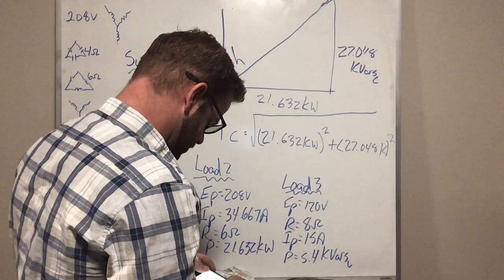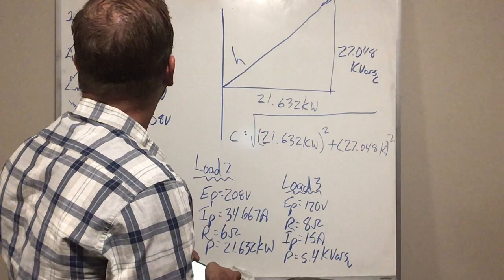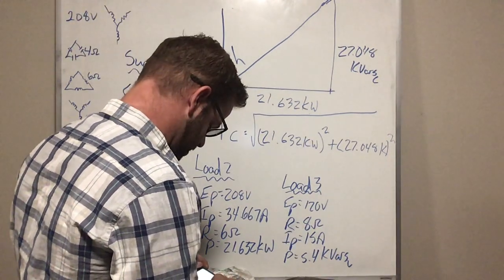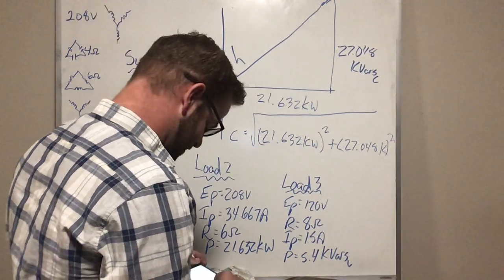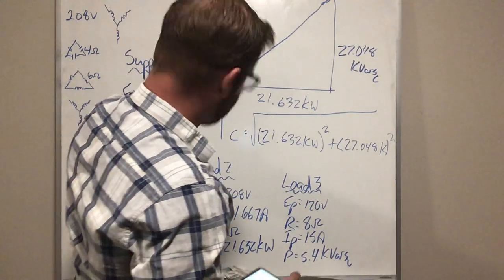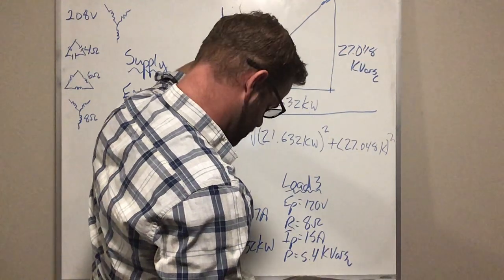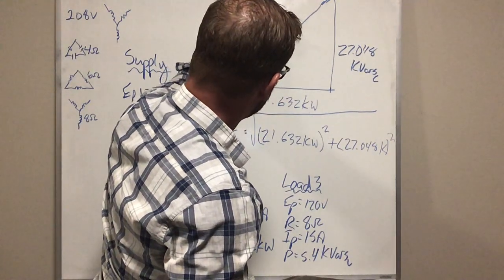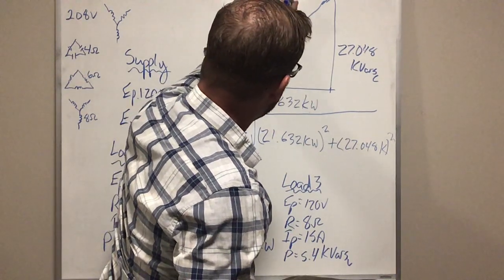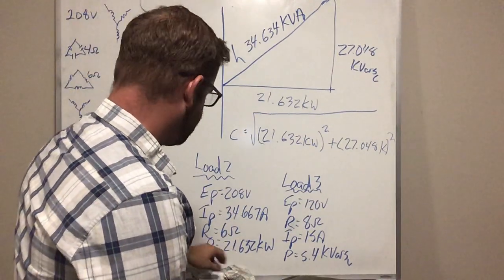We're going to take the square root of that, and we get a value of 34.634 kVA as our total value.